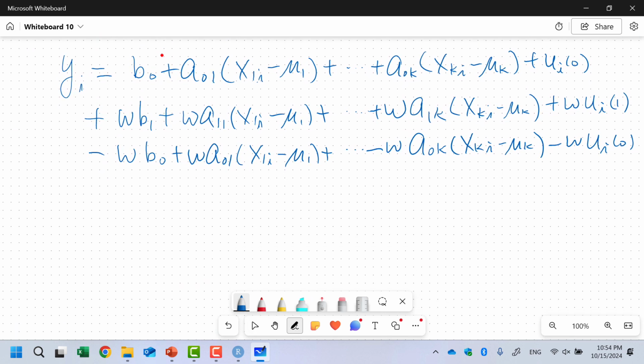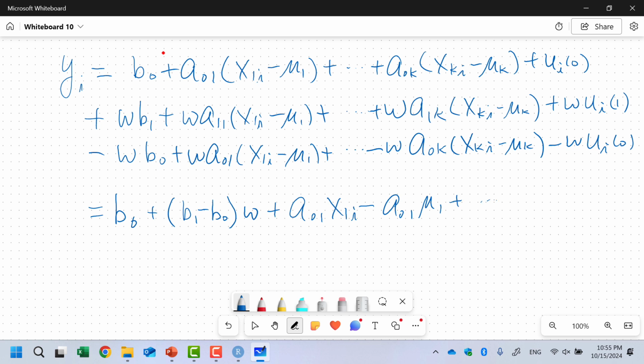Right? If you rewrite this one, actually this is b0 plus b1 minus b0 times w, plus, if you take a look here, a01 x1i minus a01 mu1, right?